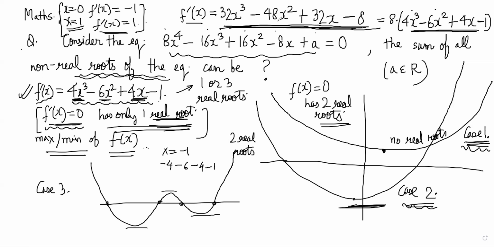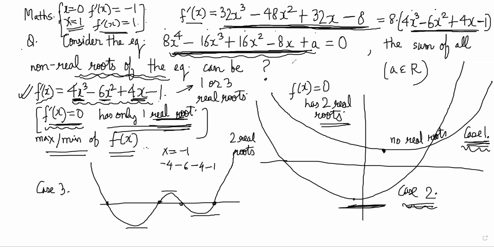So plus 8. So the value of the function is between -8 to +8. Okay, oh no, I have taken the wrong thing. We have to take the value of the function here. So we know that it has a maxima or minima between 0 and 1.